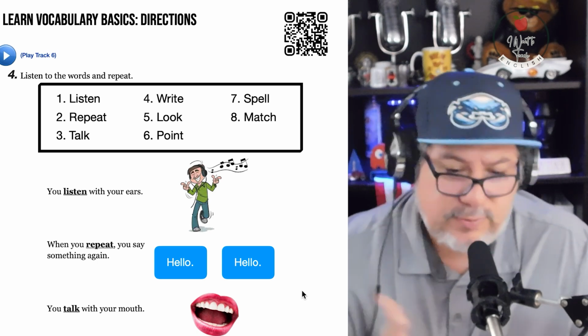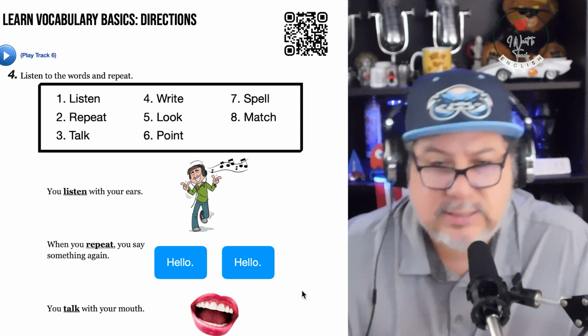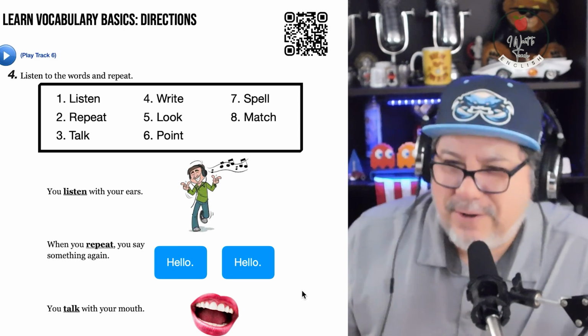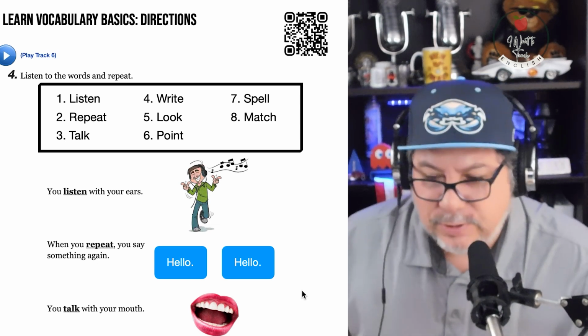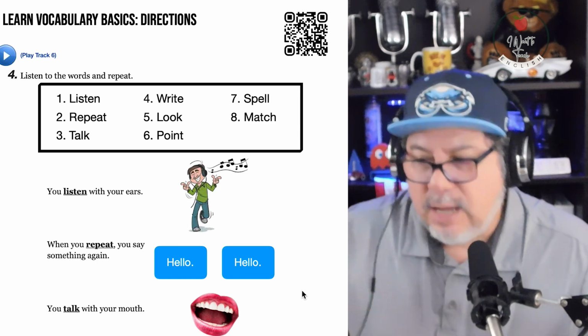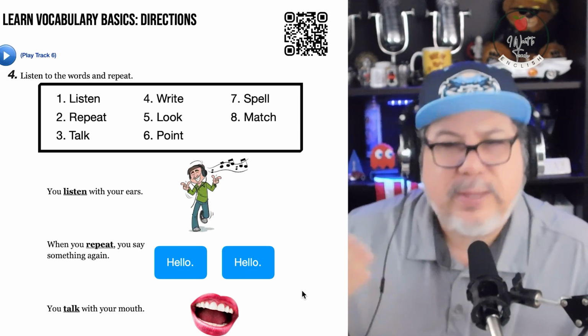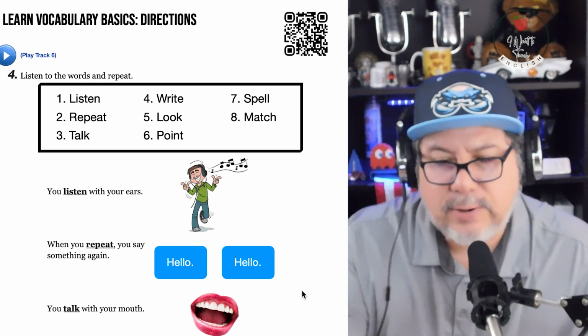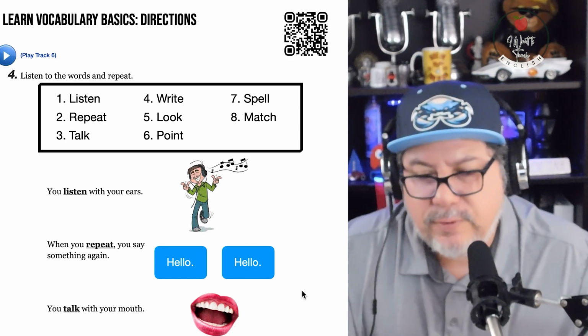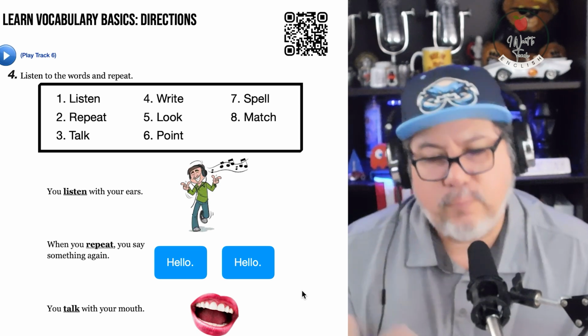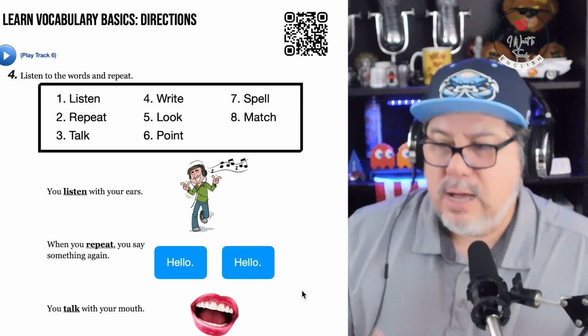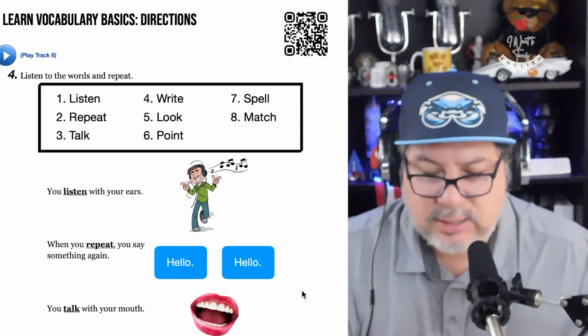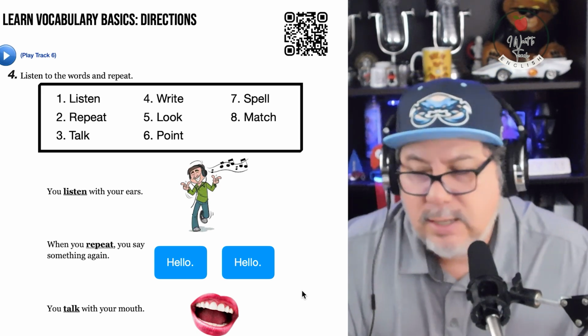So let's start with this. What you're looking at here, number 1 is listen. Okay. Listen is a very, very crucial direction word. So when you're telling a student to listen, you go through that word, repeat that word as many times as necessary in order for them to understand what it is that they're hearing, and also hopefully be able to articulate it with some mastery at some point.